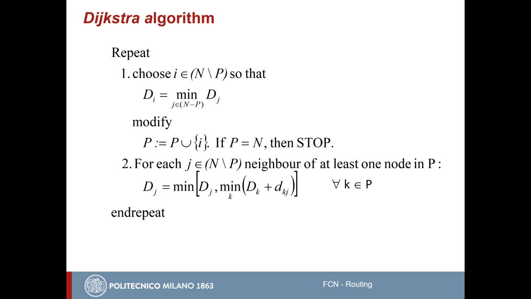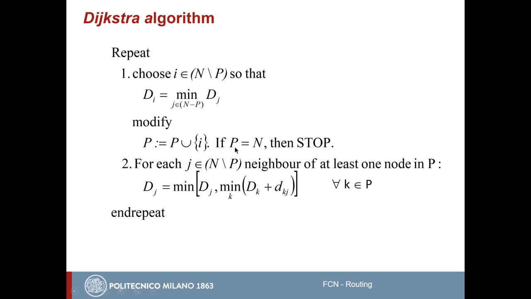And we have to select the node which has the minimum distance to the source in this set, which is the set of all the nodes minus the set of the nodes that are already included in P. So once we have identified this node, it will enter into P. So we will have to connect this node into the set P, of course considering what is the previous node on the shortest path that is going to the node that has been identified. Okay.